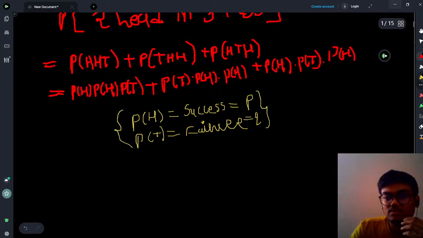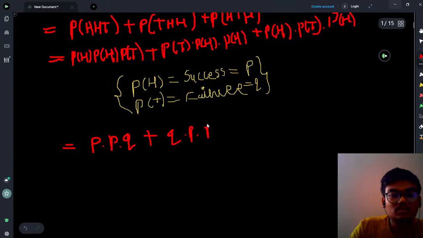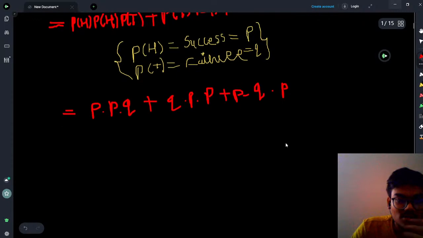So let's put the values here: p into p into q, plus q into p into p, plus p into q into p.